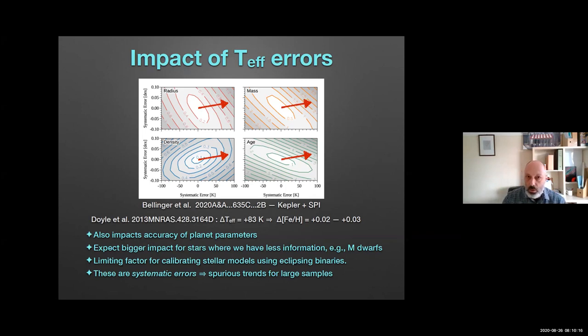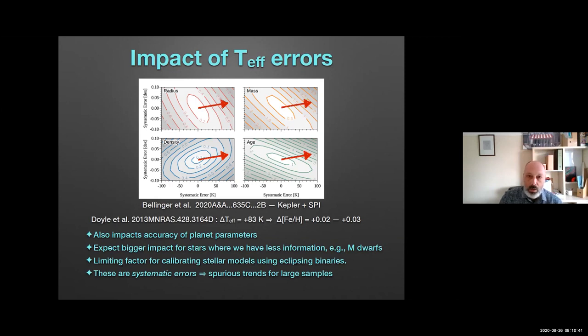The second point to mention is that the red arrow I've added to the figure from Bellinger is a typical uncertainty, which I've taken from a spectroscopic study by Doyle et al. of WASP planets. They're assuming 83 Kelvin is the accuracy of their effective temperatures from detailed spectroscopic analysis.